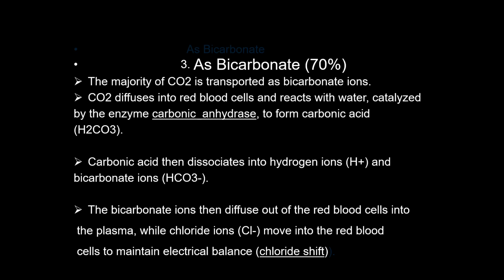Due to the presence of water, this carbon dioxide combines with water with the help of enzyme carbonic anhydrase to form carbonic acid. The formula is H2CO3. And this carbonic acid, after its formation, soon dissociates or breaks down into hydrogen ion and bicarbonate ion.